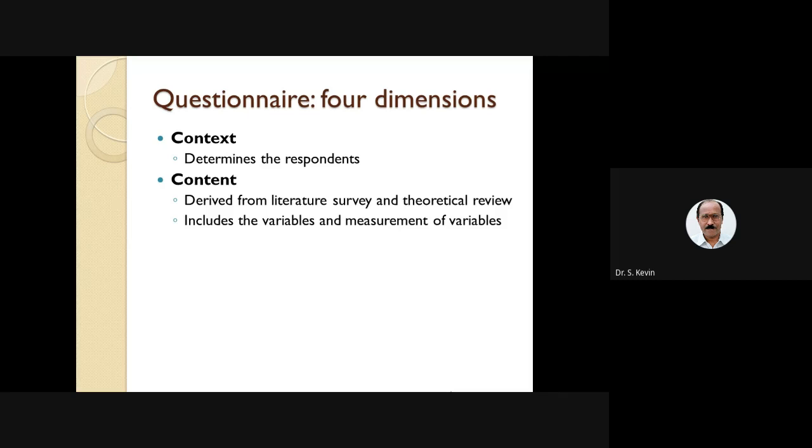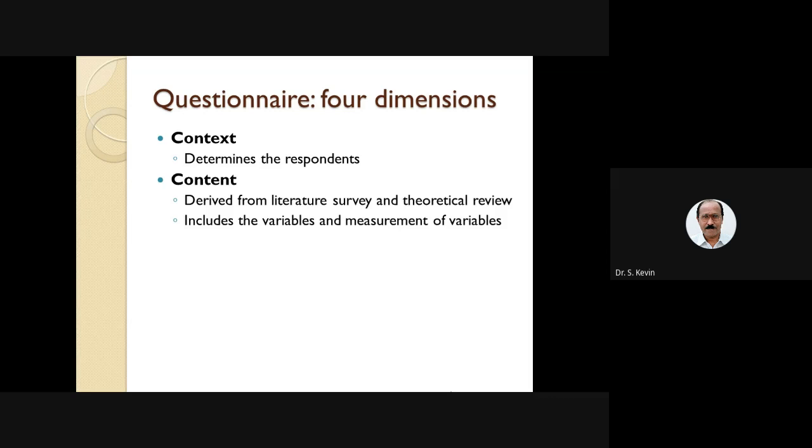What is the theory of your study? From the theory and the literature survey, we will get the variables that we are going to study, and based on the variables, the contents of the questionnaire will be prepared. That is why I said it includes the variables and the measurement of the variables, because these variables have to be measured.